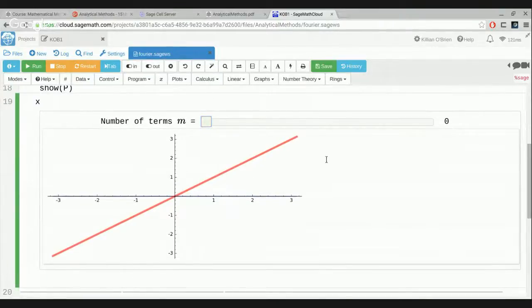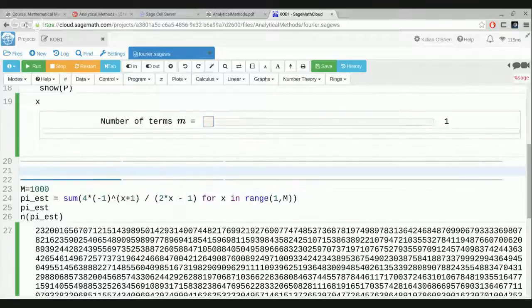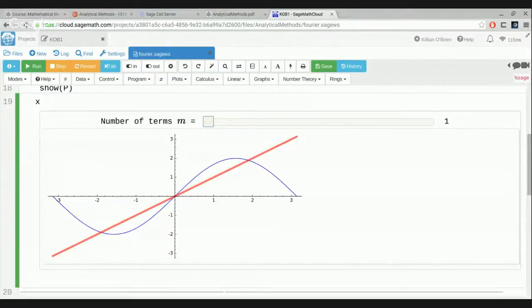So when we've got n equals 0, when we're not taking any terms of the sum, we've just got the constant 0. So there's our objective function, f of x equals x, and the Fourier series is just identically 0. When you go to one term, you've got the first sine function, which is the best one that approximates the function f of x equals x.